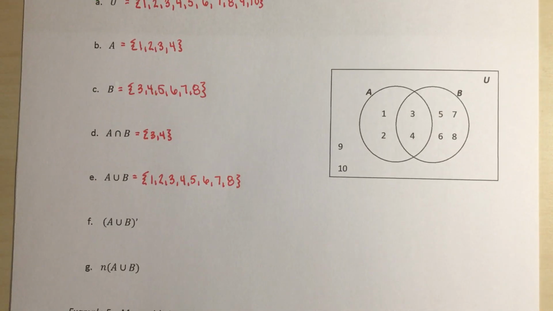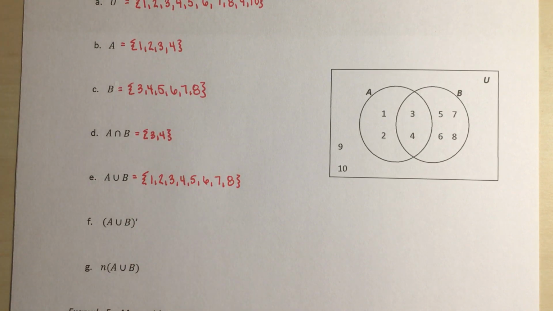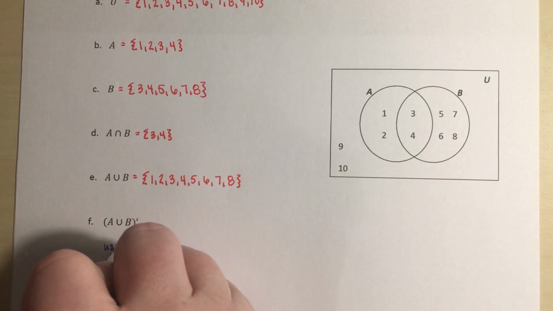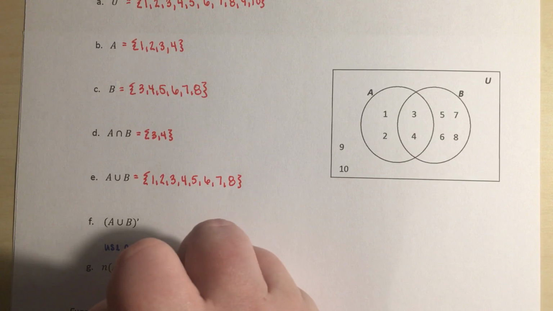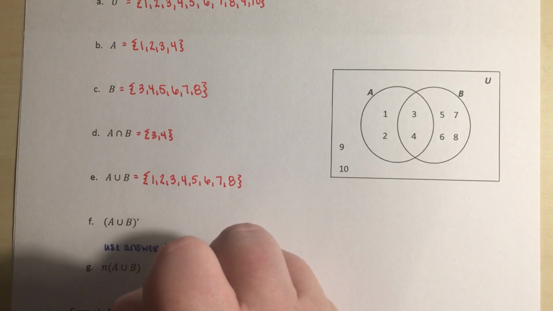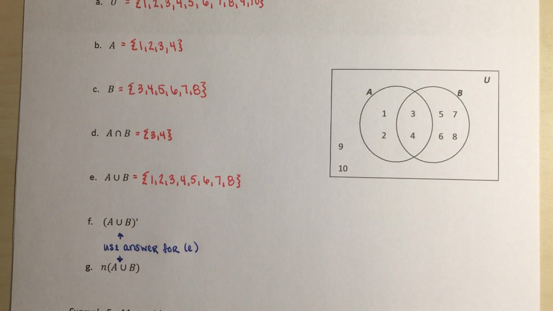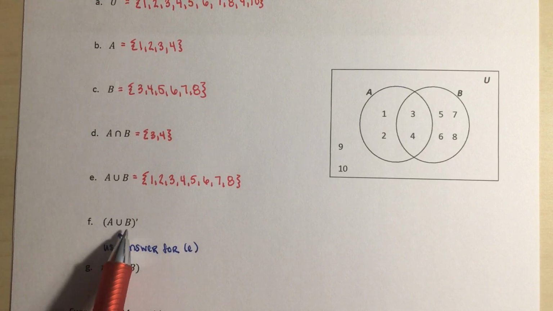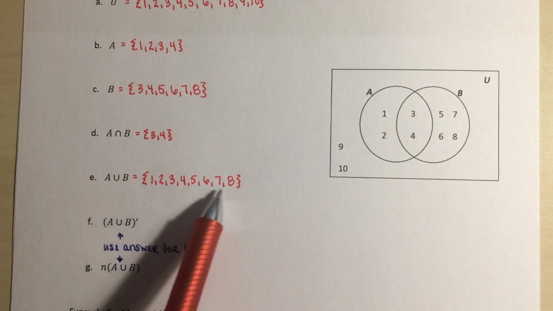All right, for F, we're actually going to use our answer from E. We're going to use our answer for E for both of these last two. So for F, we have the complement of A union B. So we want anything that's not in this union.